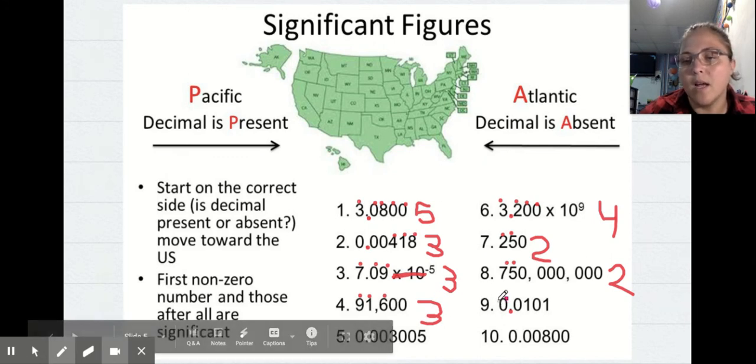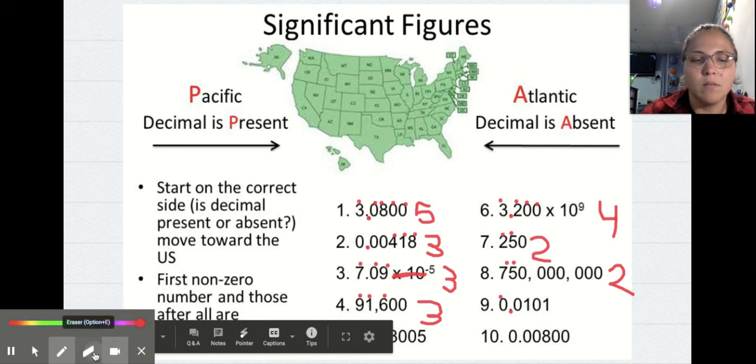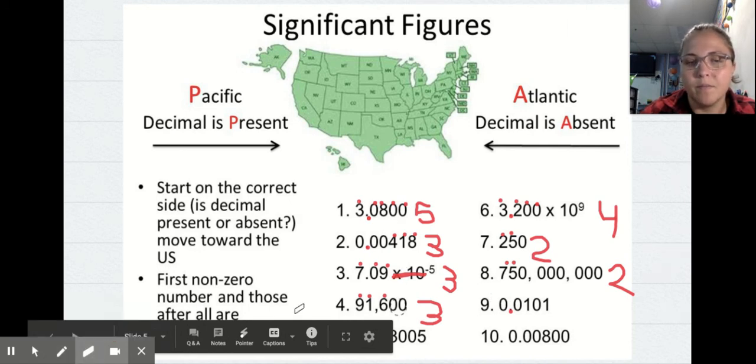Start on the left side and count everything over. We got a 0, we don't count that. So I don't count that, and I start here. So I count 1, 2, 3 significant figures.